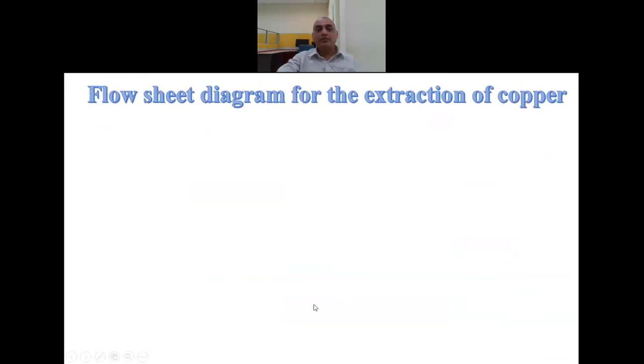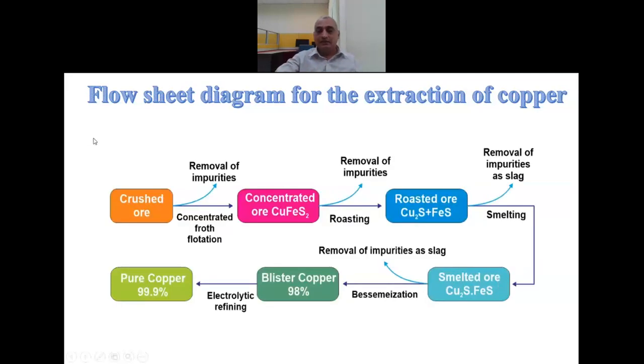Here, for a revision of our previous steps, I have shown a flow sheet diagram for the extraction of copper. So right now I will make a quick revision of today's lecture. At stage number 1, we crush the ore to remove the impurities.